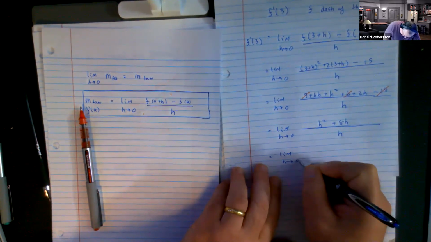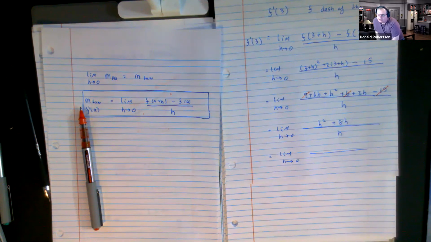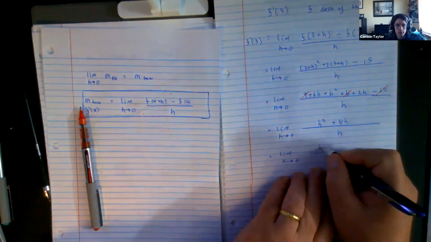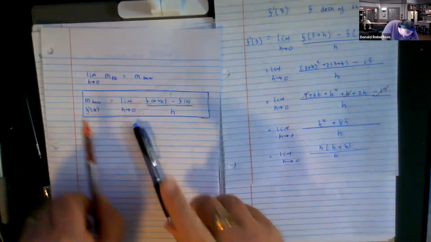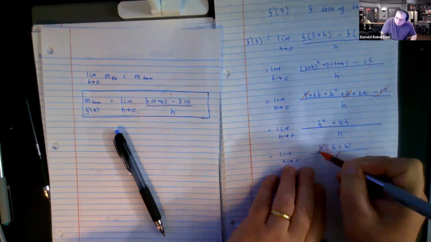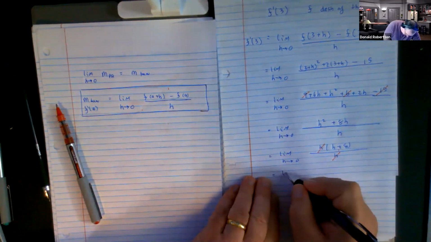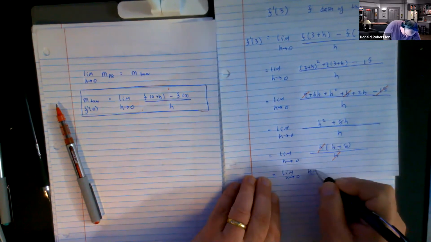Now use some of the techniques that we've been dealing with over the last couple of weeks. What should I do next to try and get this limit? Factor out an h. Can't I now cancel? And we are left with the limit as h tends to 0 of that guy.